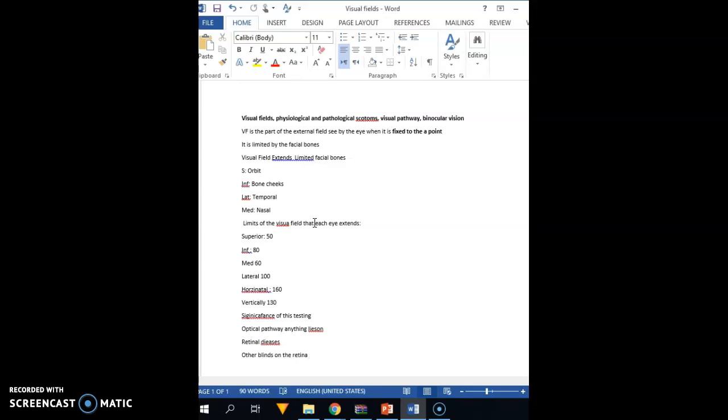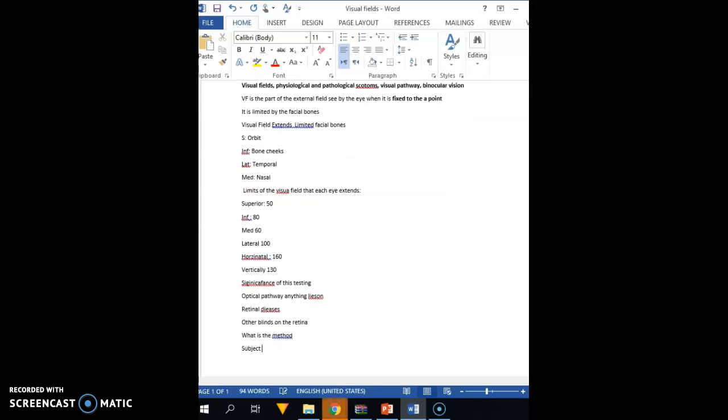So I want to talk to you about the method behind this. Other types of blind spots can also be known as scotomas. The method is very easy. The subject keeps his chin on a chin rest, and from there onwards it's very simple.